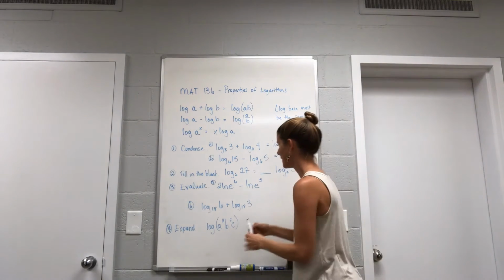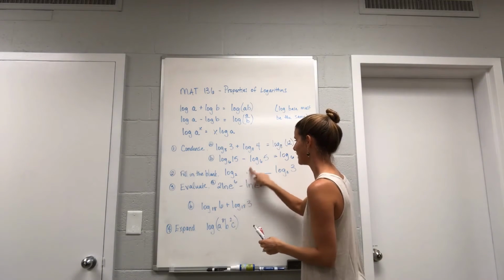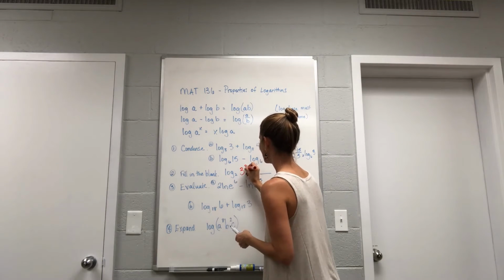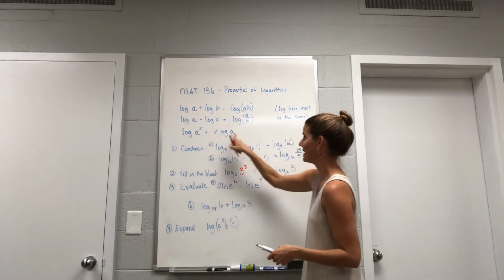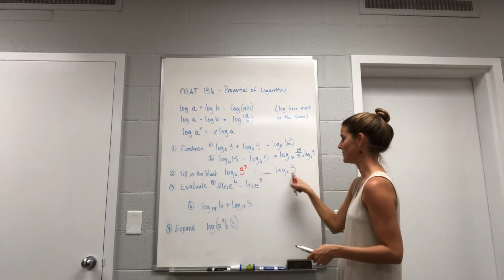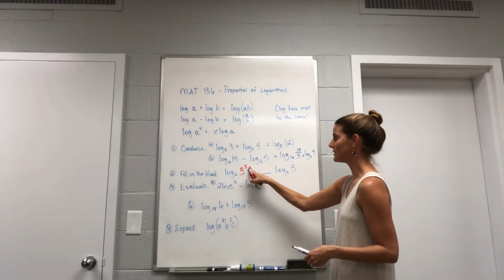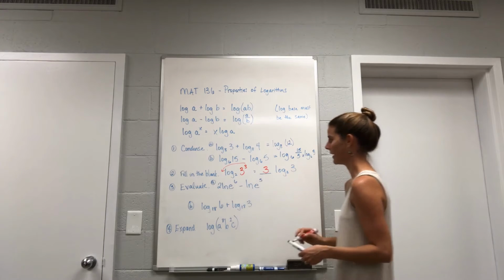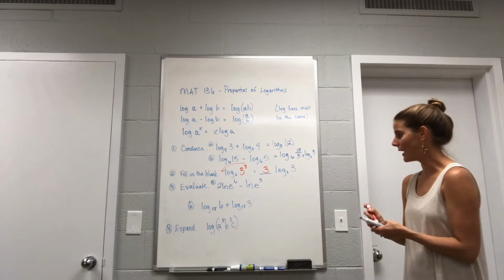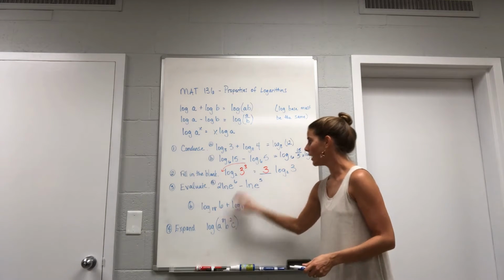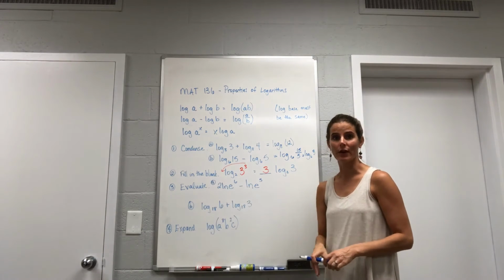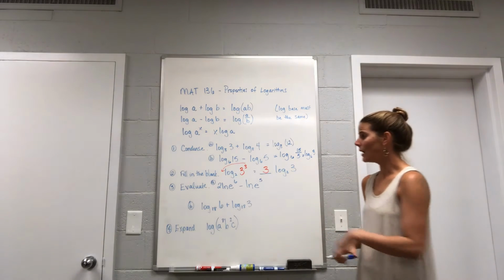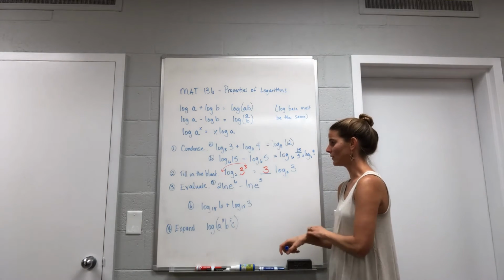So I'm going to rewrite that 27 as 3 to the 3rd, because if you notice in the formula, this is A, and A. So these two numbers have to be the same. It's this that could be different. So this 3 is coming out front, and that's what we're putting there. So you can just rewrite it in terms of an exponent, and then bring that exponent out front. So that's using that rule. And we'll see that again in a little bit.